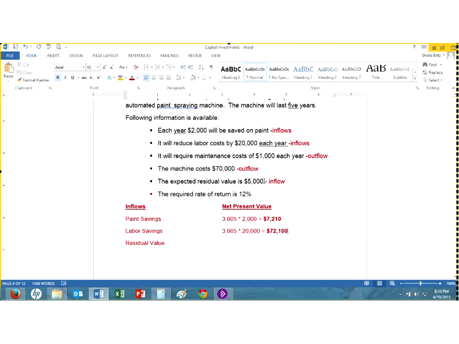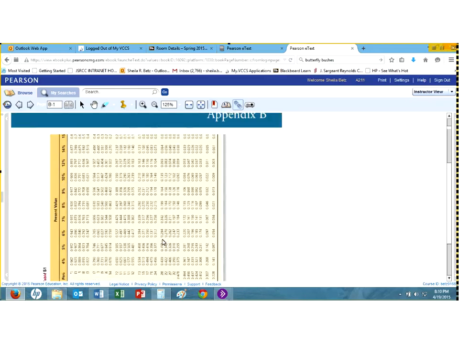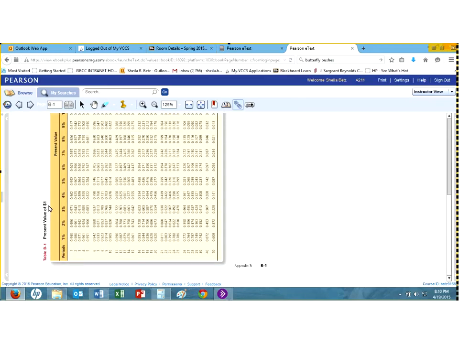All right? And then we have the residual value, which is $5,000. This is a one-time dollar amount that's going to happen at the end of the 5 years. Because of that, we need to go to table B-1. We need to look at the table, the present value of $1. Once again, we use this table when we're looking for a single dollar amount.